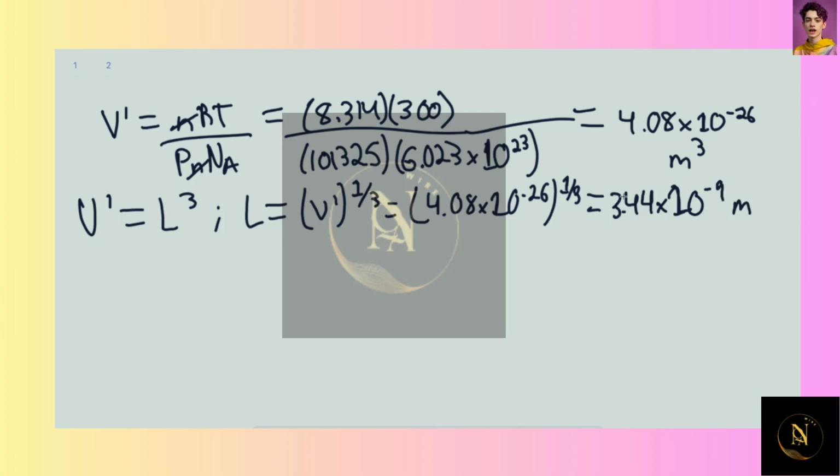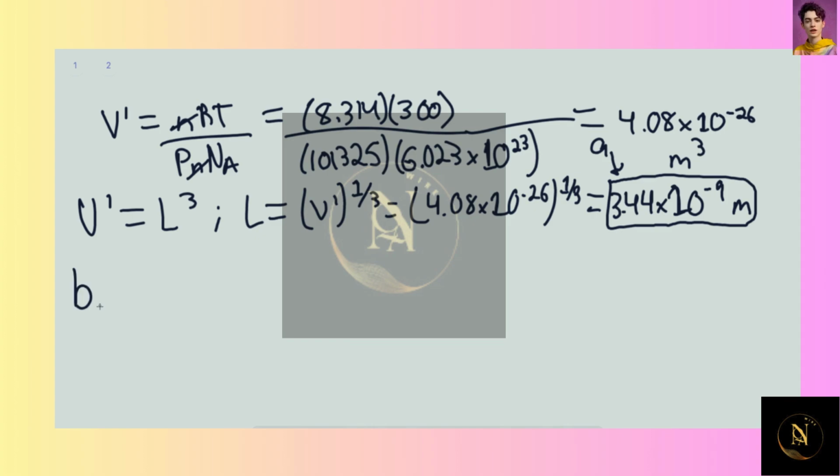So this will be our side length, and this is our actual answer for A. If each molecule was modeled by a cube with the molecule at the center, the side length of one of those cubes would be 3.44 times 10 to the negative 9th meters. 10 to the negative 9th denotes nano, so this would be 3.44 nanometers.